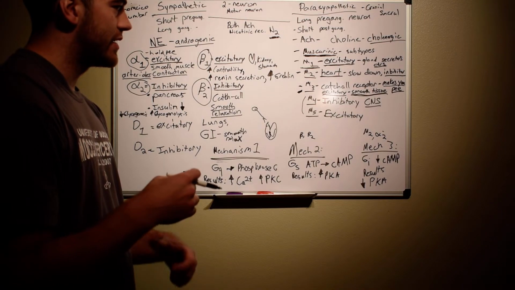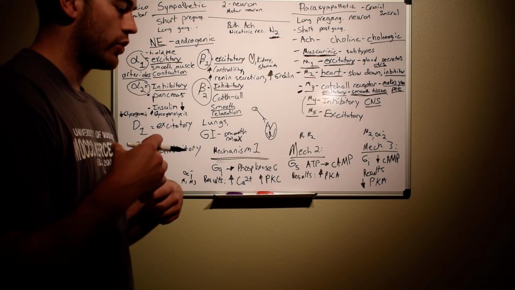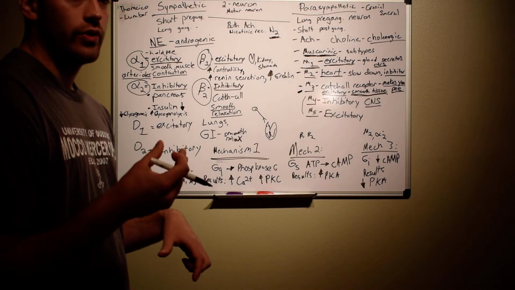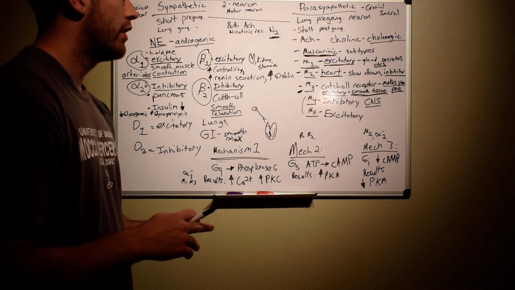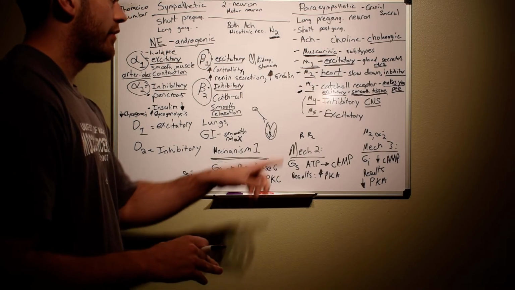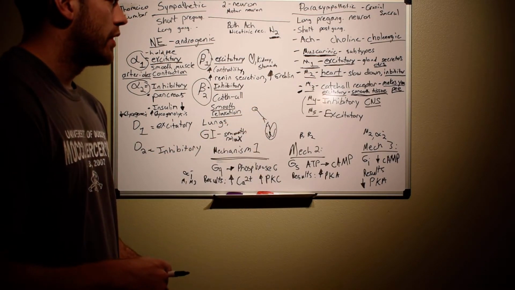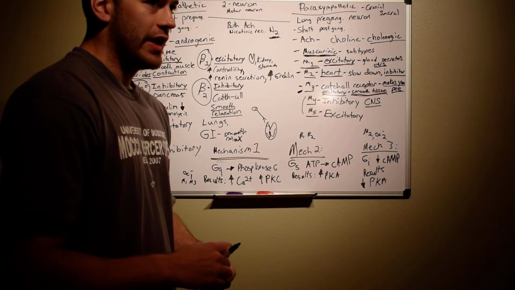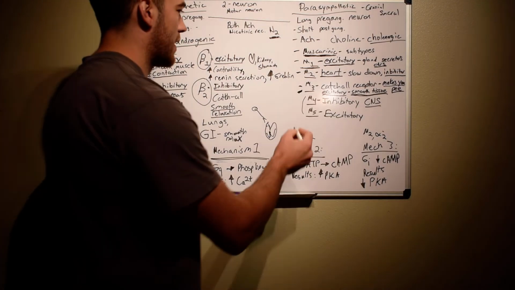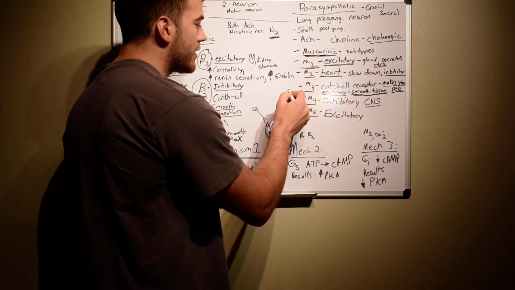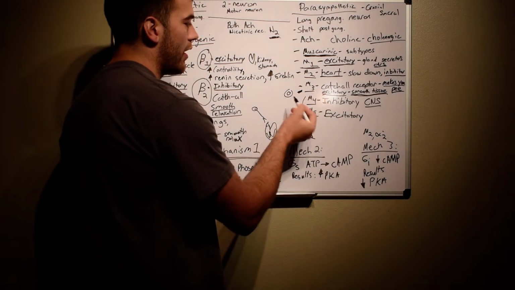What happens is your bronchioles, which are another good site of smooth muscle within your body, have a bunch of M3 receptors on them. And when they are stimulated, they induce contraction of the smooth muscle tissue. So that's going to decrease the lumen diameter of the bronchiole.